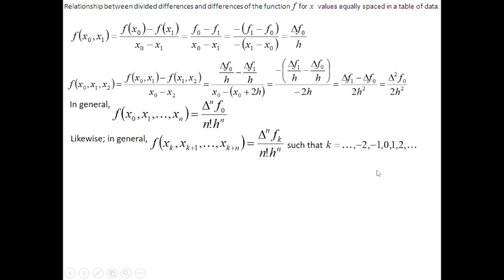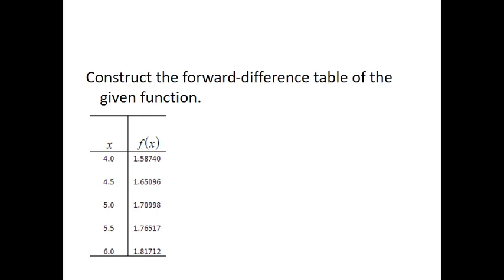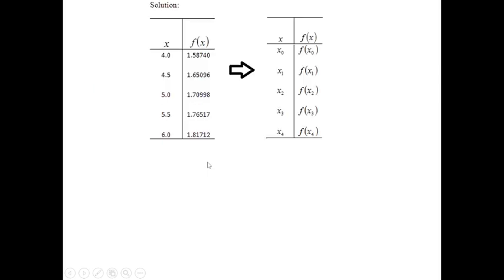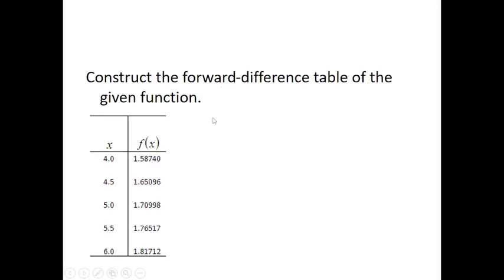Let's answer an example. Construct the forward difference table of the given function. This is our table, and this is the solution. Let's analyze first. It says forward difference table, or advancing difference table.